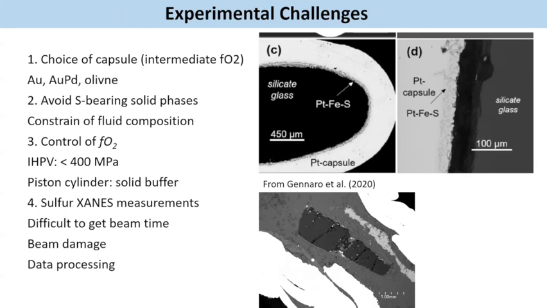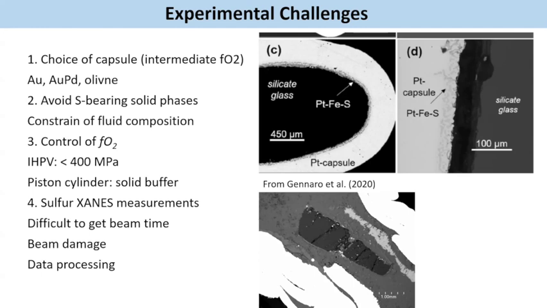Next slide, please. Now this naturally leads to some of the experimental challenges when we are dealing with sulfur in the lab. First of all is the choice of capsule. This is particularly important when we want to run experiments at intermediate fO2. Sulfur is notoriously known for reacting with many noble metal capsules, which are the choice when we want to run fluid-saturated experiments. For example, this upper panel is two figures from Gennaro et al.